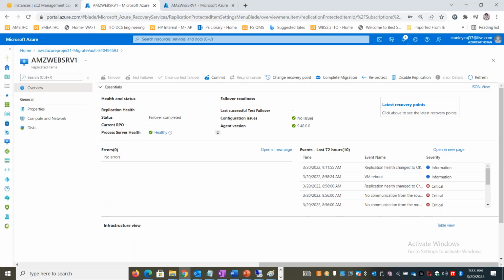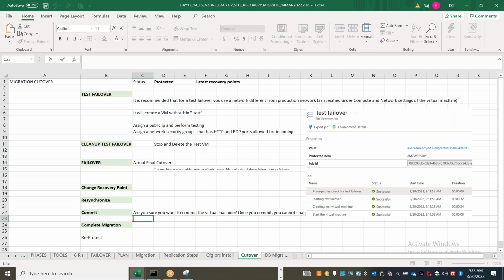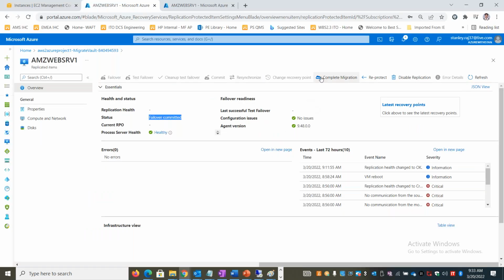Let's refresh. Failover is now completed, so the status should turn to failover completed. Now the only options that will be available after committing are complete migration and reprotect. These are the two options that will be enabled after the commit option. So I'll see the complete migration and reprotect options.